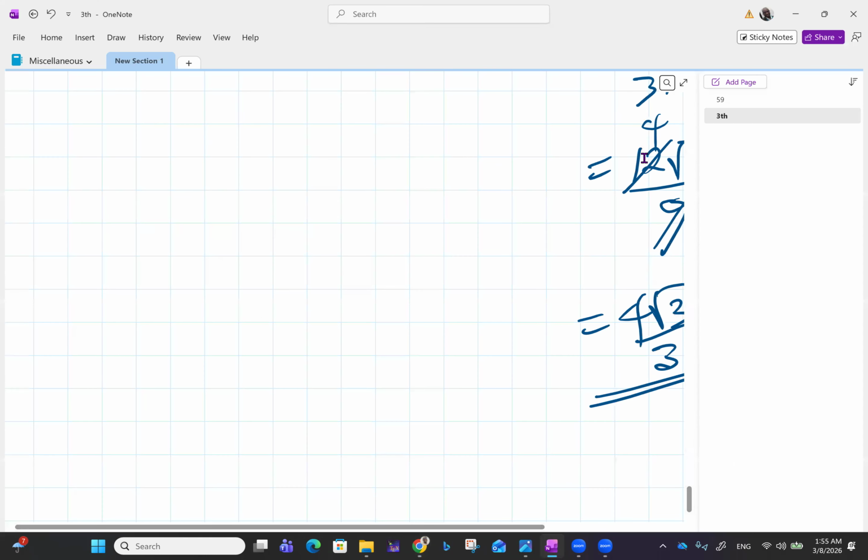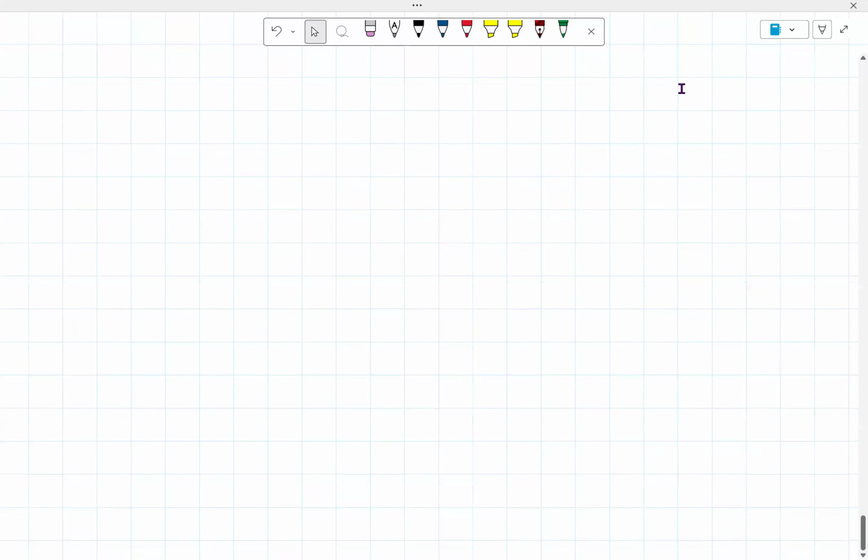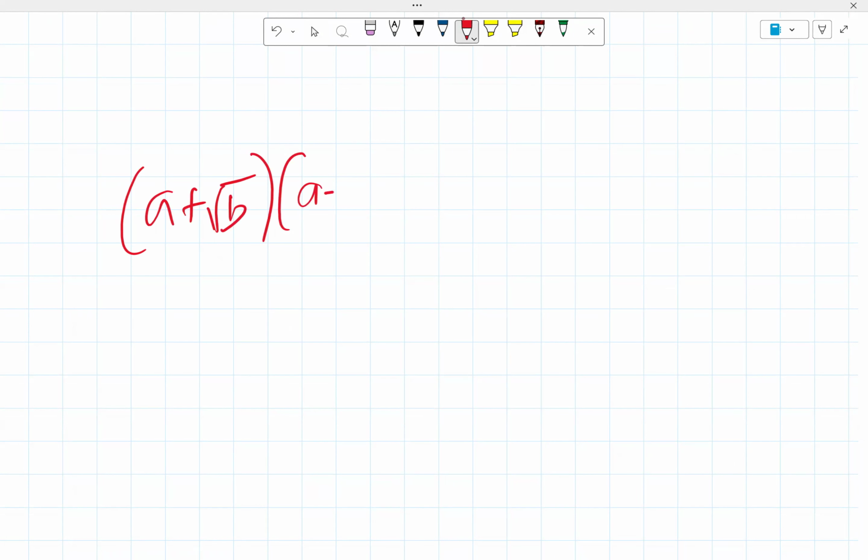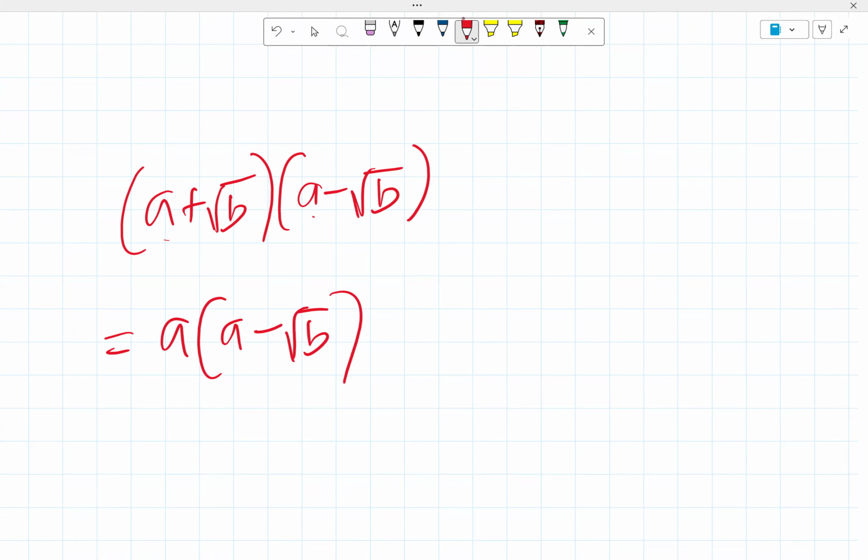Just to drive home the point again, right? We are talking about a plus root b, whose conjugate is a minus root b. You just want to expand this. First we have a into a minus root b, then you have plus root b into a minus root b. So we expand it this way.